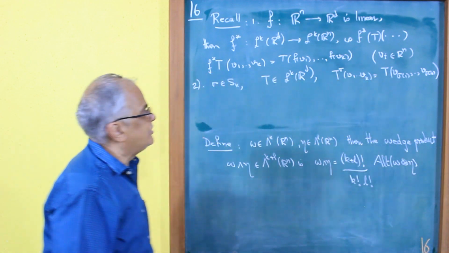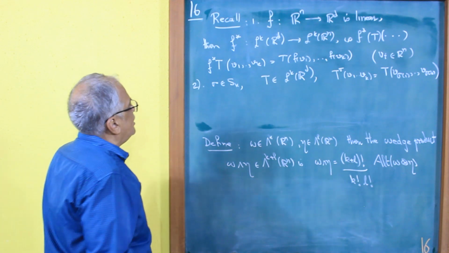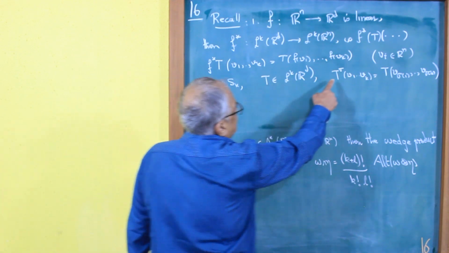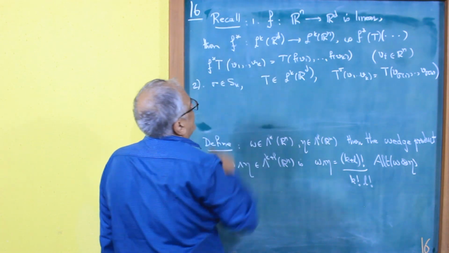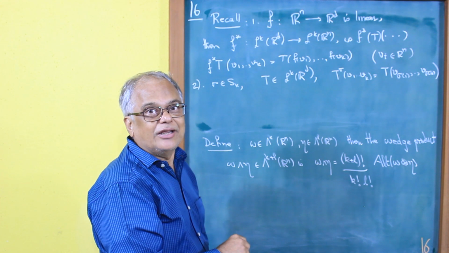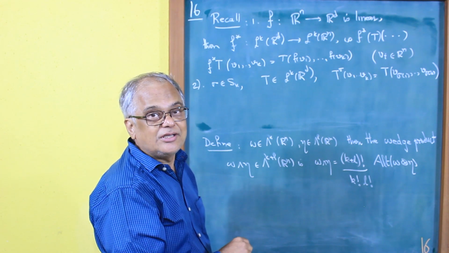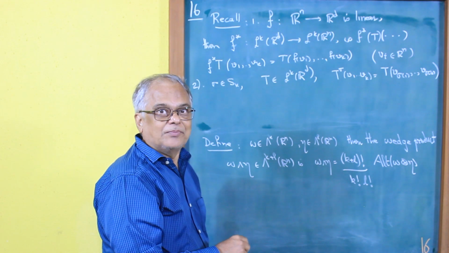This is how I define the map T sigma, where sigma is in Sk. Now this is two separate things I'm doing. I'm taking T upper sigma and I have a F upper star, where F is from Rn to Rt. The question is, how are these two related, these operations? Which operations? Taking F upper star and T upper sigma.